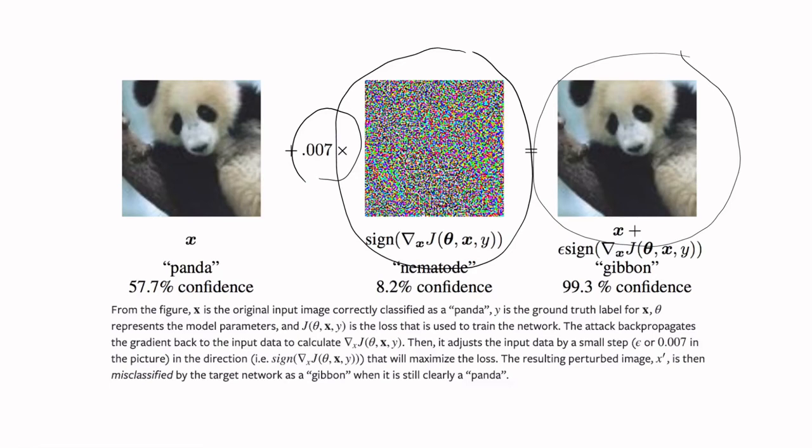But when this perturbed image is presented to the network, we find that the network does not recognize it as a panda anymore, but as another animal called a gibbon, and it does so with 99% confidence. Of course, in this case, you can say, well, it's just one animal or another animal, not a big deal.